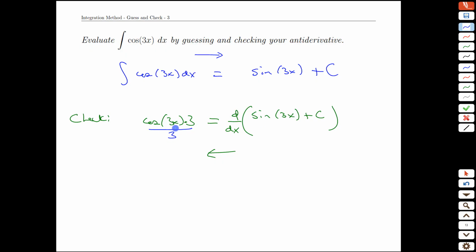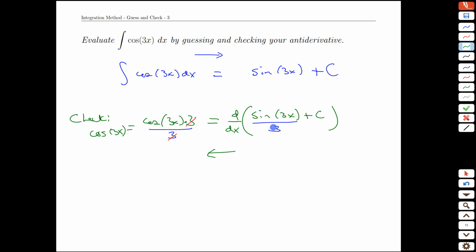Well, I can't just do it here. I would have to have divided this entire thing here by 3. Oh, but if I do that, then we're done. We would have cos of 3x. And that is perfect. Cos of 3x is what I should get back when I differentiate this.